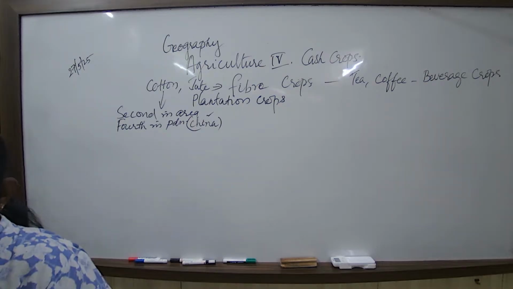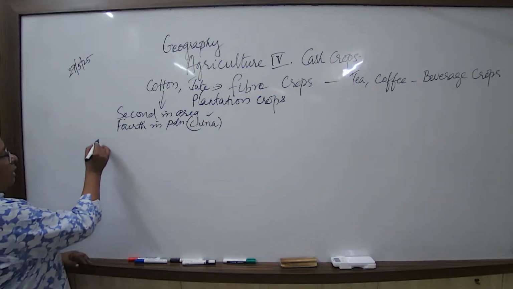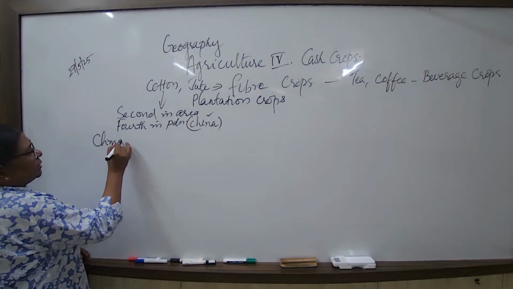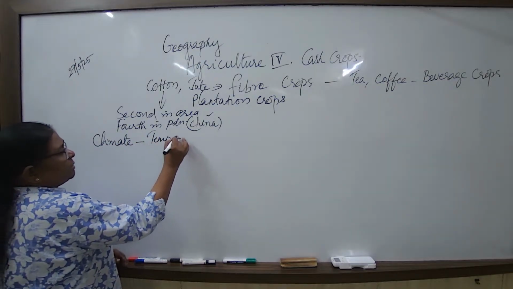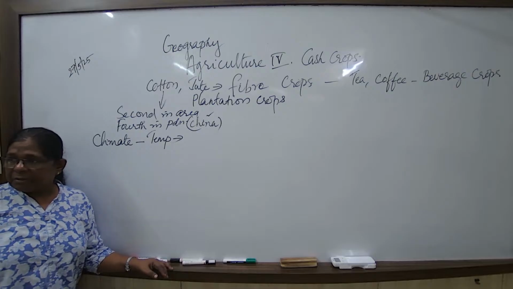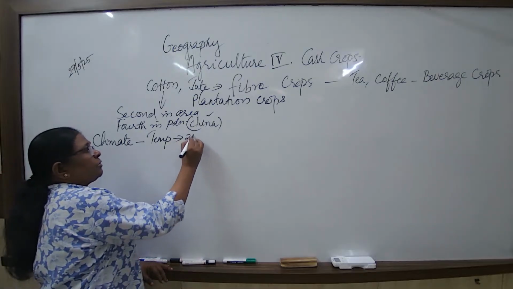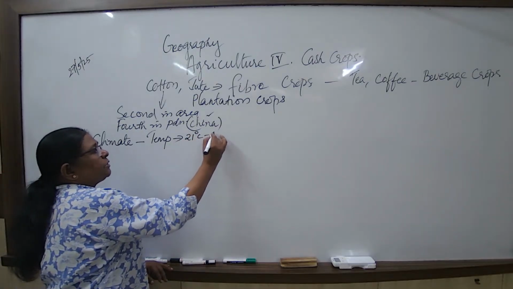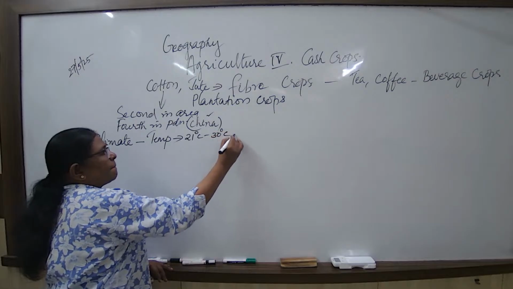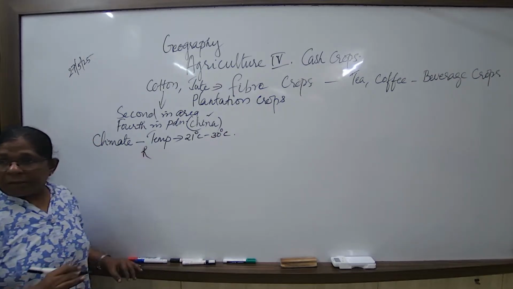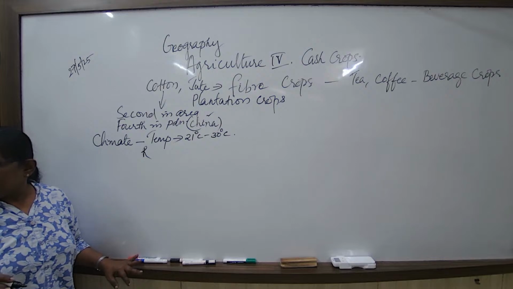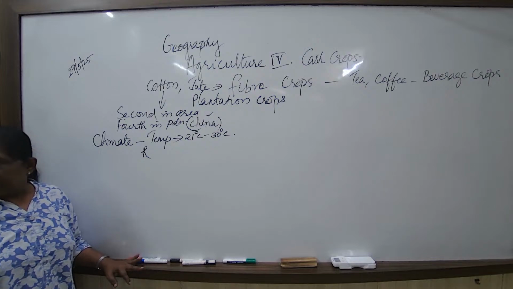Now what are the climatic conditions required? You have to tell one by one. Climate required. So temperature, what is the temperature requirement? 21 to 30 degrees Celsius. 21 to 30. Then rainfall. Here 200 frost-free days will come.